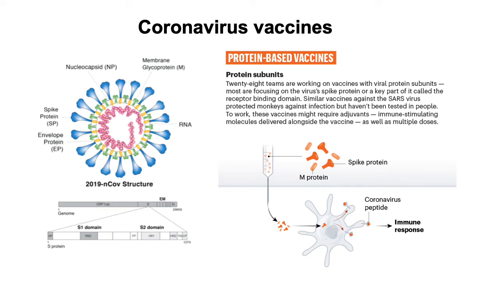Here you also see some M protein that's being made. And then we take that spike protein and we inject it into animals and get those animals to generate an immune response to that spike protein, and possibly then those antibodies can block the infection of the virus.